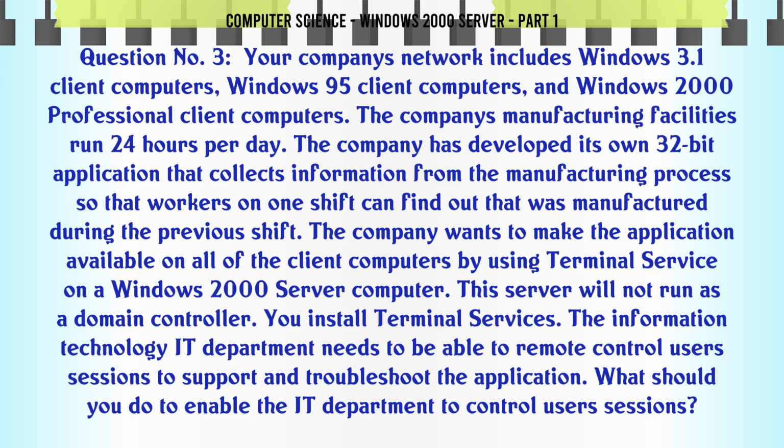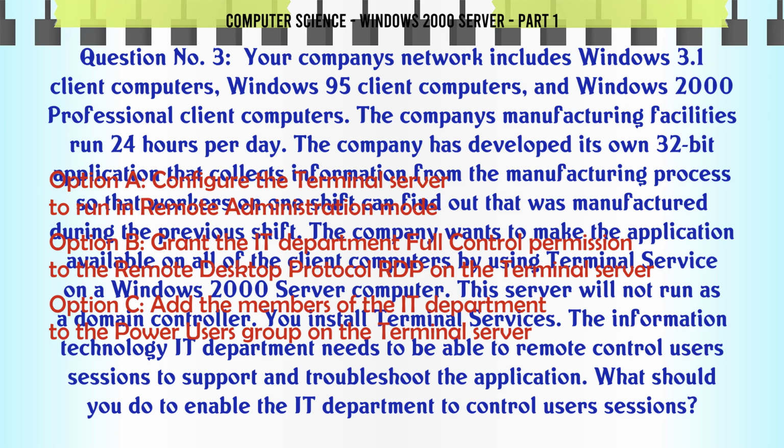Your company's network includes Windows 3.1 client computers, Windows 95 client computers, and Windows 2000 Professional client computers. The company's manufacturing facilities run 24 hours per day.